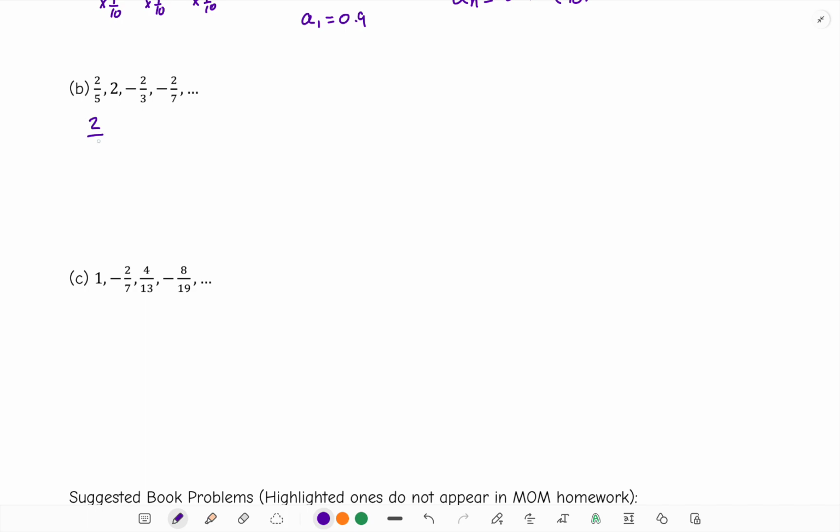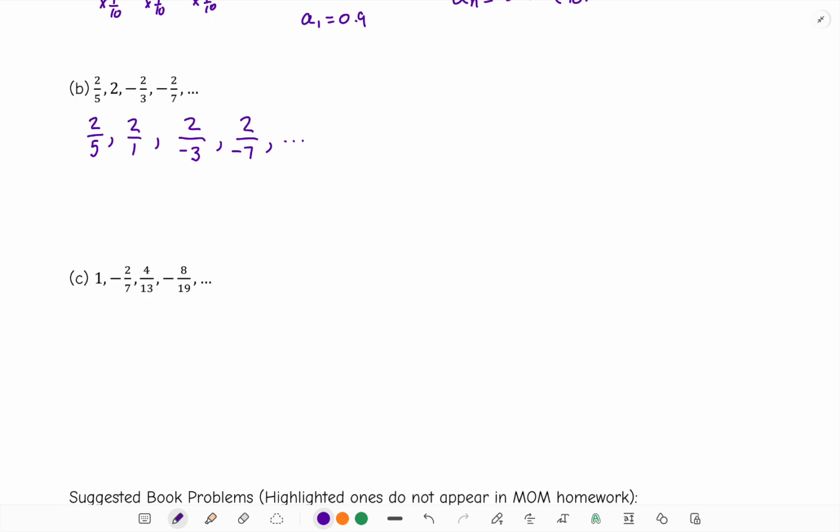So what I'm going to do first is rewrite it, so that all of the terms are a fraction. And then I'm going to put the negative sign in the denominator of the fraction. So I'm hoping you notice the numerator stays a constant 2. So there's no formula for the numerator. The numerator is just 2.